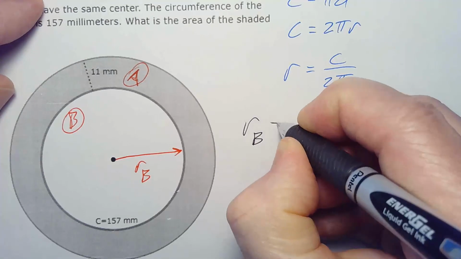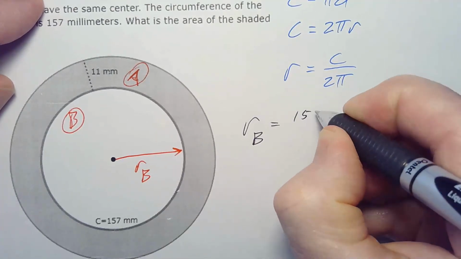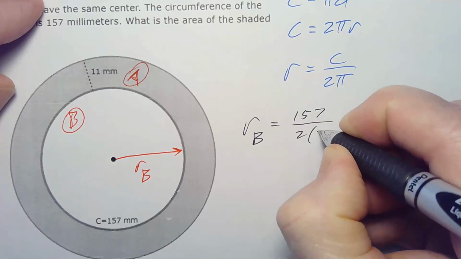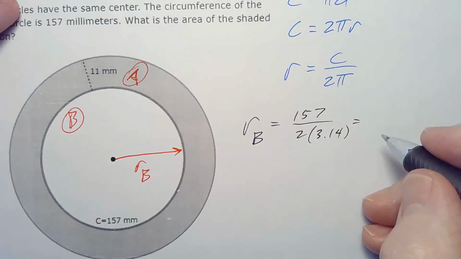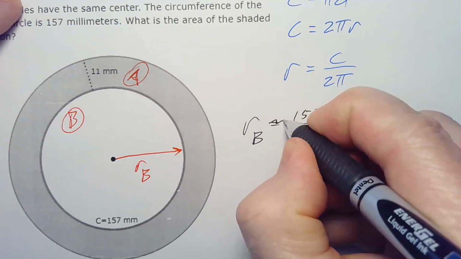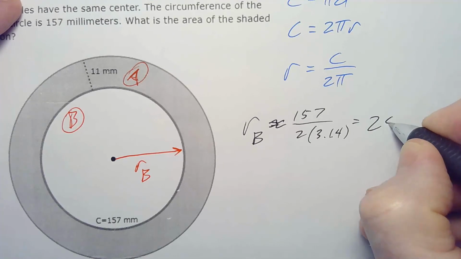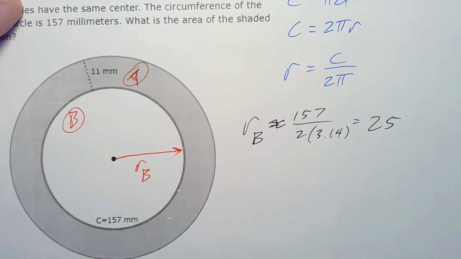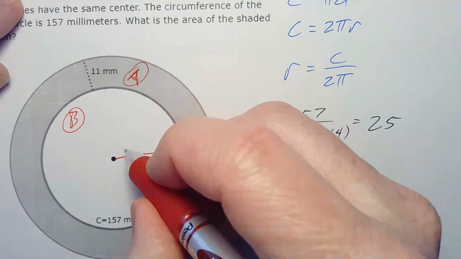R sub B equals circumference over 2 pi. Circumference is 157 over 2 times 3.14, okay? You plop that into your calculator, right? And technically that's an approximation because it's 3.14. And that's going to give me a radius of 25. So this is 25, okay?